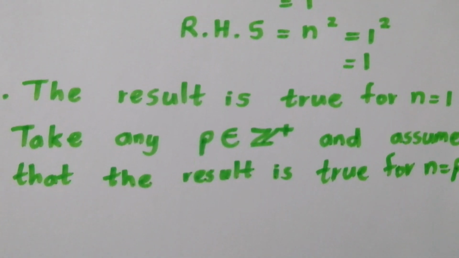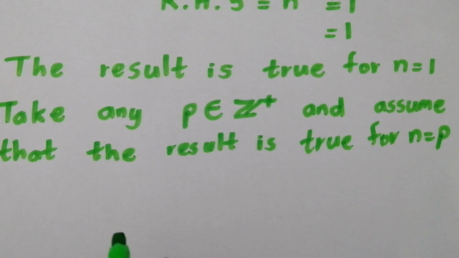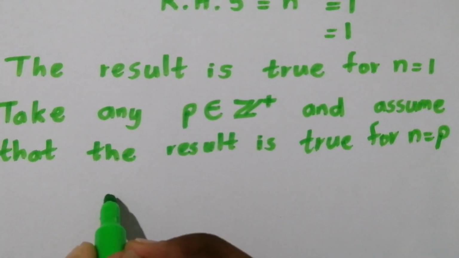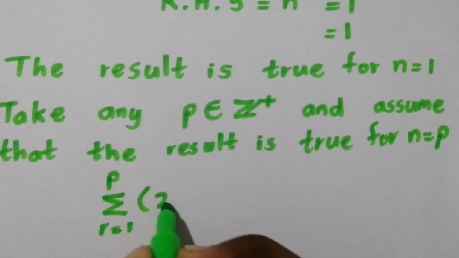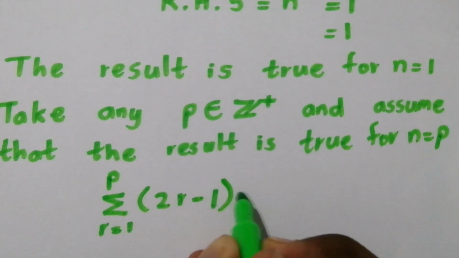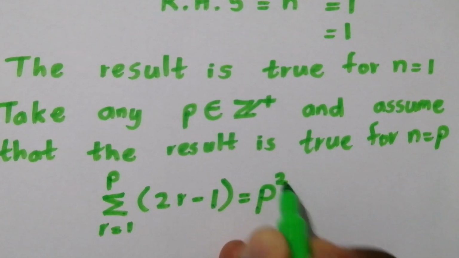Then we write the expression when n equals p, that is sigma r equal 1 to p 2r minus 1 equal p square.